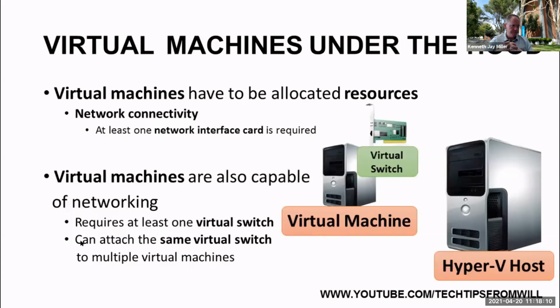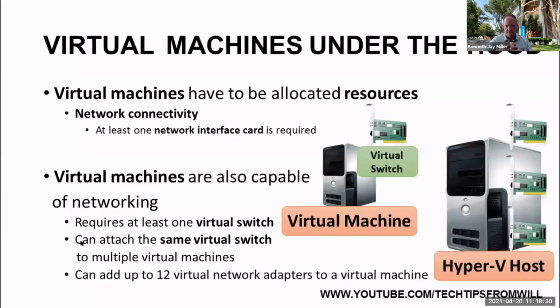For this reason, it is not uncommon for network administrators to install many network interface cards into their Hyper-V host, so that each virtual machine can be assigned its own dedicated virtual switch. According to Microsoft, you can add up to a maximum of 12 virtual network adapters to a virtual machine.